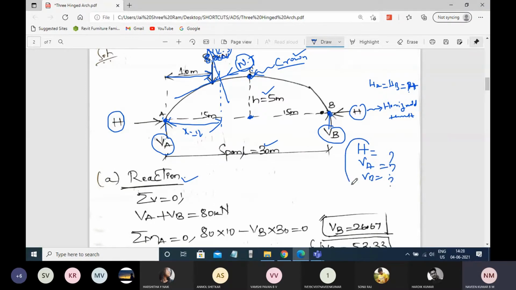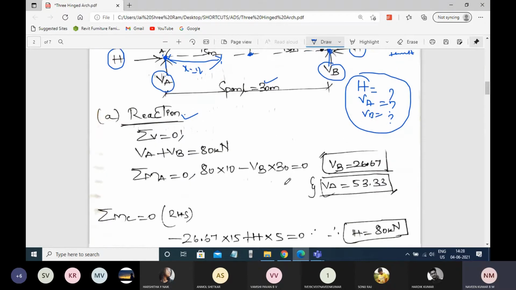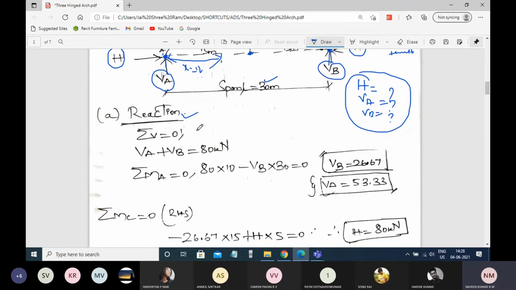In order to find these unknowns, you need to consider equations of equilibrium. So what are the equations that you need to consider? Let me consider the sum of vertical forces equals 0. Here the vertical forces are 2 reactions and a point load. The 2 reactions are acting upward, positive, and this 80 kilonewton is acting downward and is considered on the RHS, right?